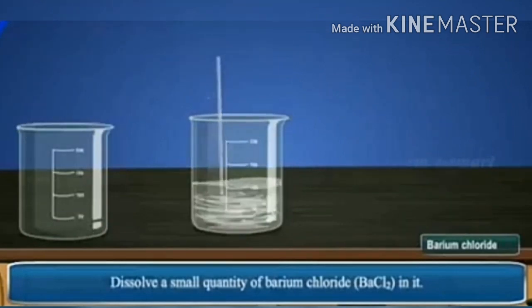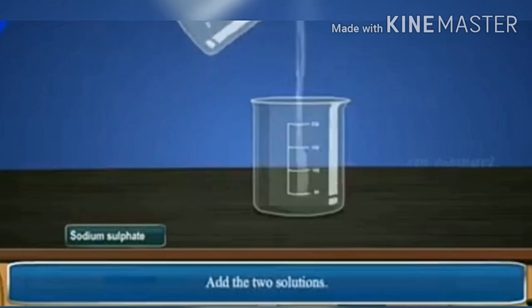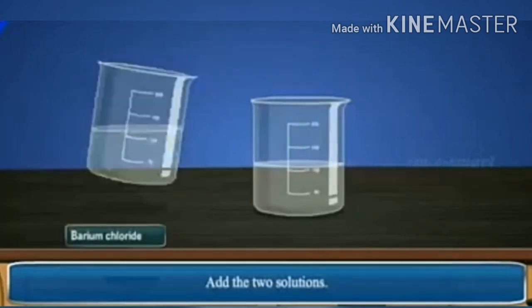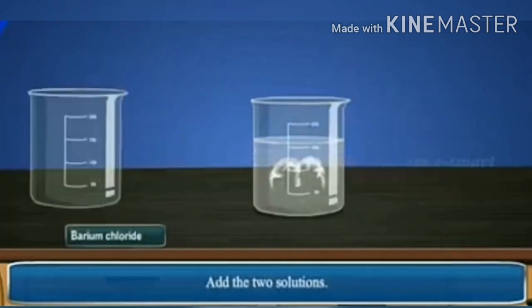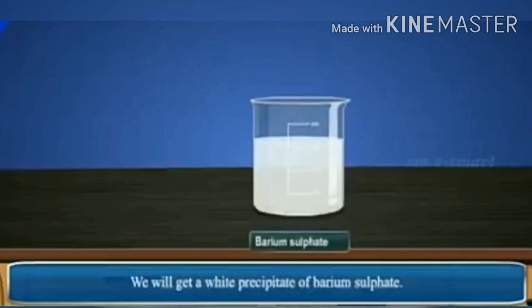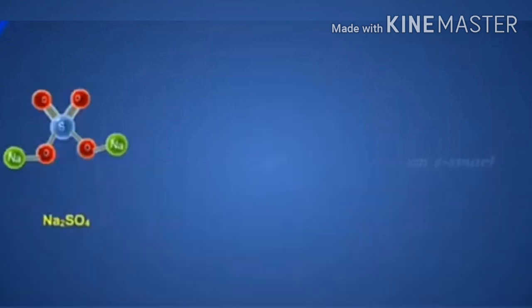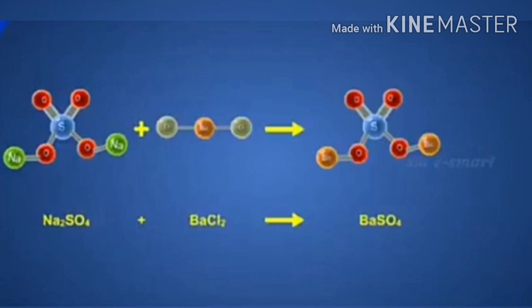Add the two solutions. We will get a white precipitate of barium sulfate. Na2SO4 plus BaCl2 gives BaSO4 plus 2NaCl.